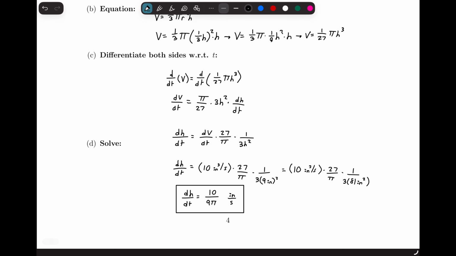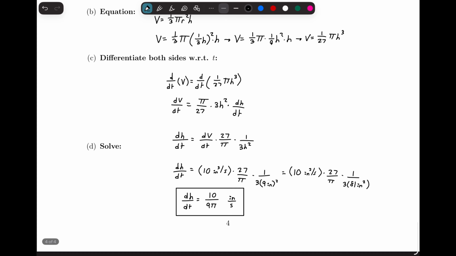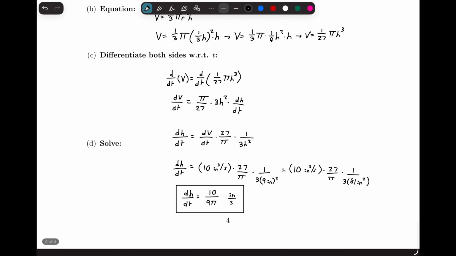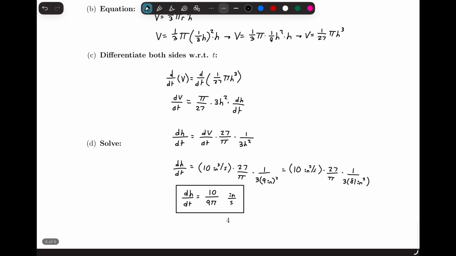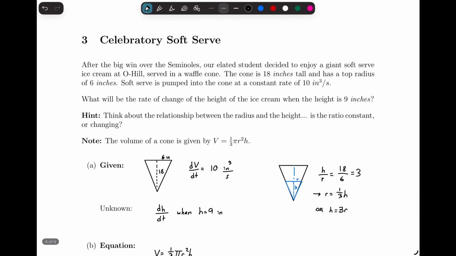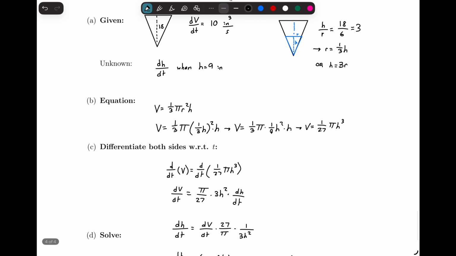I might have just said inches squared, I'm sorry if I did. I meant inches per second is what we're looking at. Yep. So a positive value for dh/dt makes sense. The rate of change of the height is increasing when the height is 9 inches.